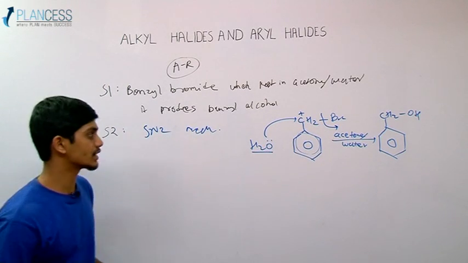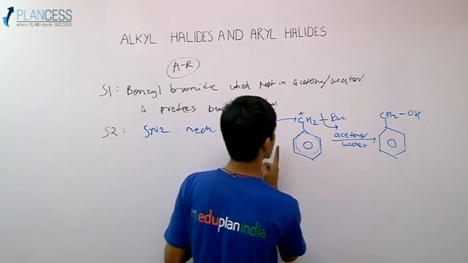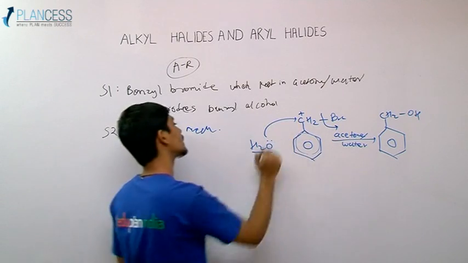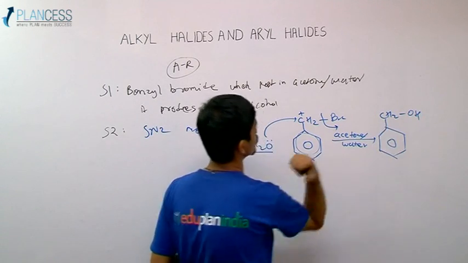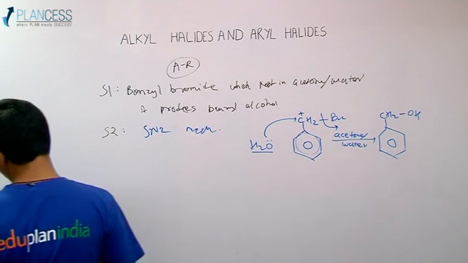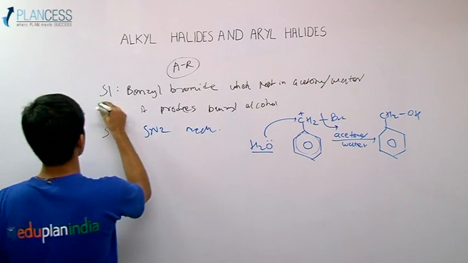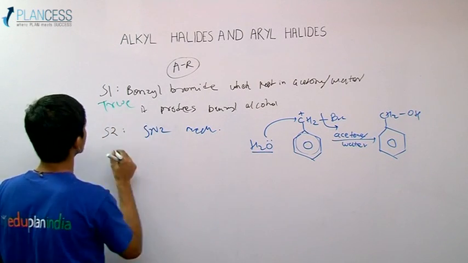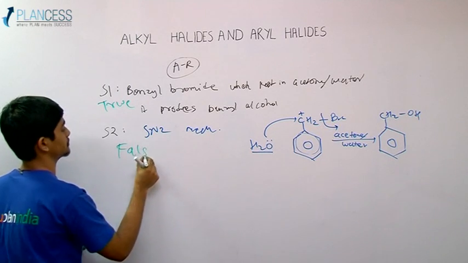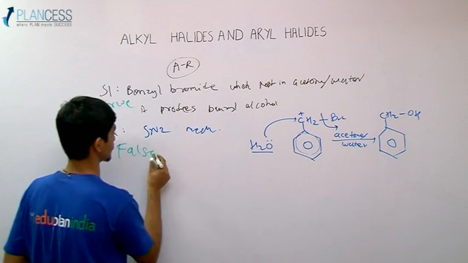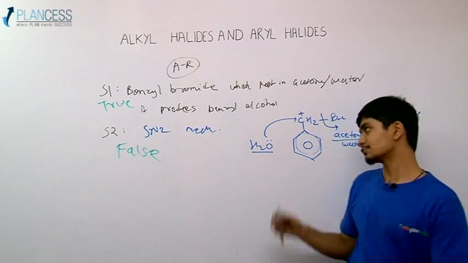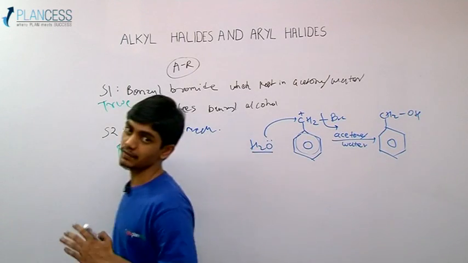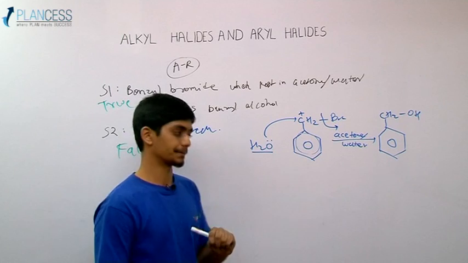Now in that case the H2O can come from the top or from the behind without any obstruction, and hence it can give the CH2OH. So according to me, the first statement is true and the second statement is false, because SN2 mechanism doesn't seem to me to be appropriate, but SN1 seems to be perfectly good because we get a very stable carbocation.